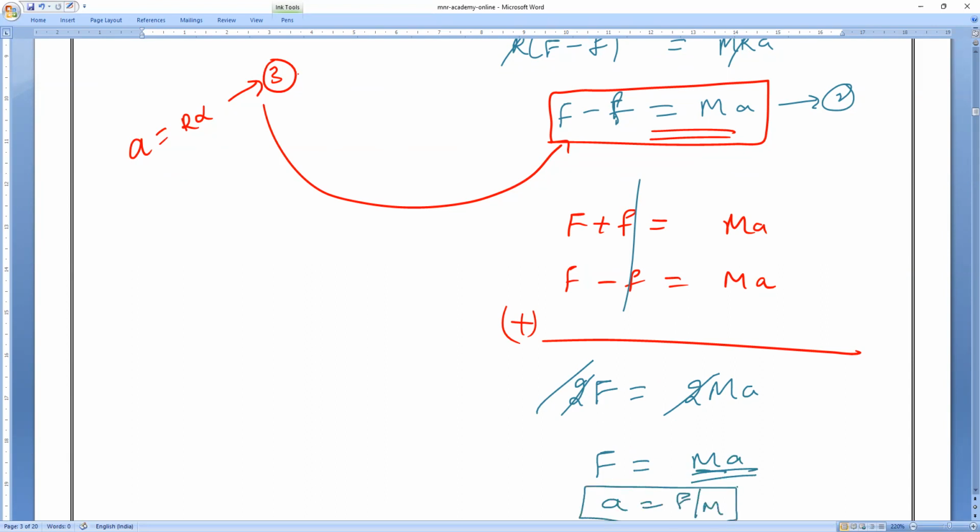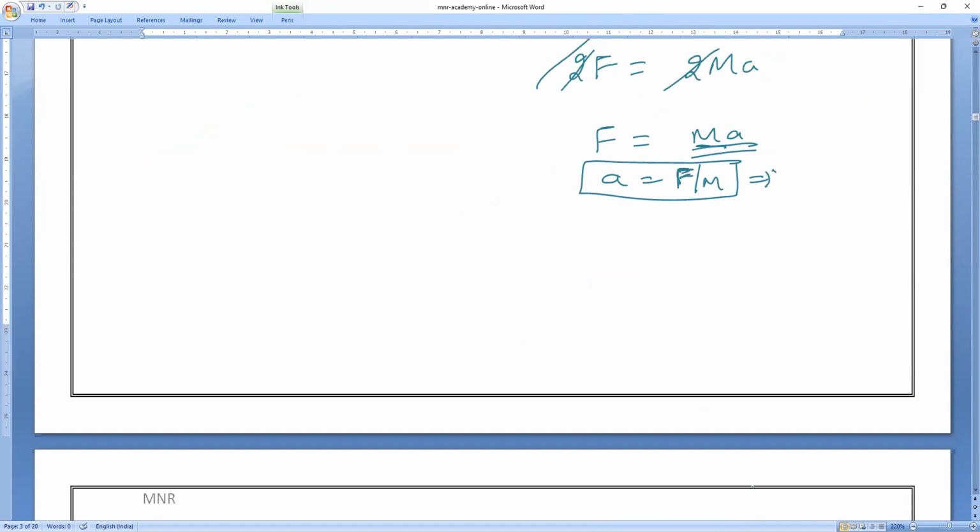So this is the acceleration of a ring when the external force F is applied. Then they are asking for the frictional force and the angular acceleration. Let us find the friction first. Substitute the value of A in the first equation.